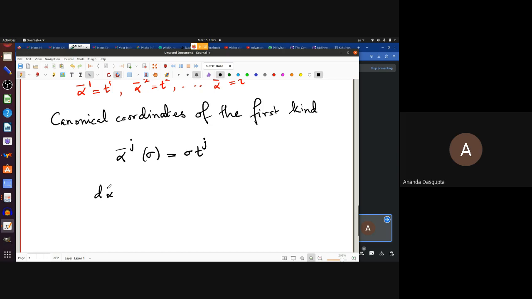Now notice that the equation that we have is nothing but the old equation that we wrote down.